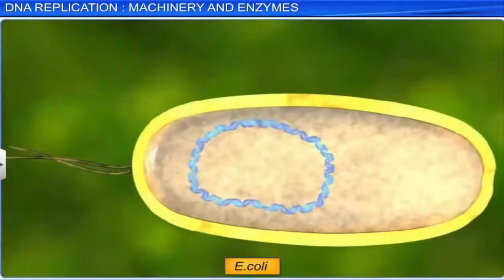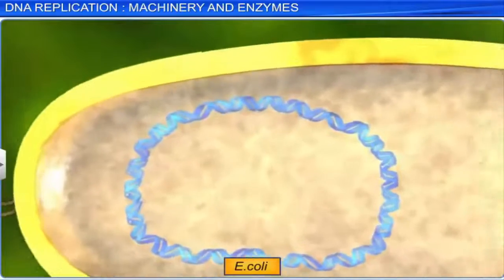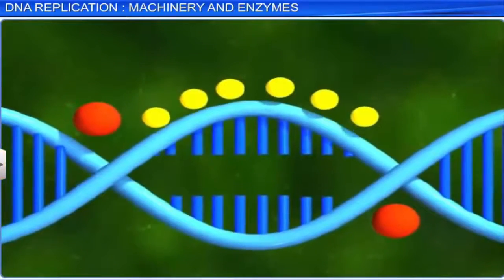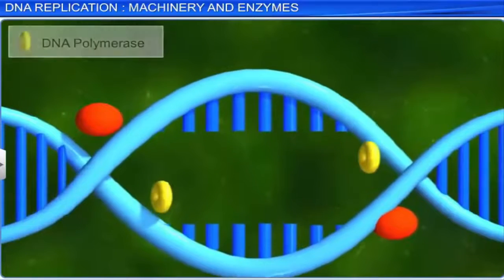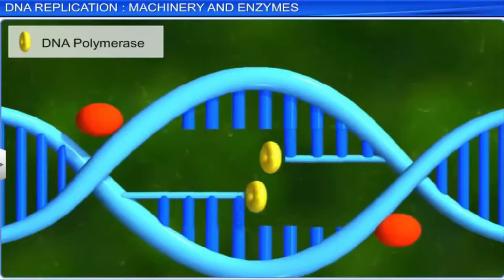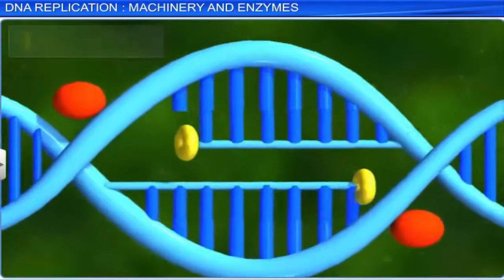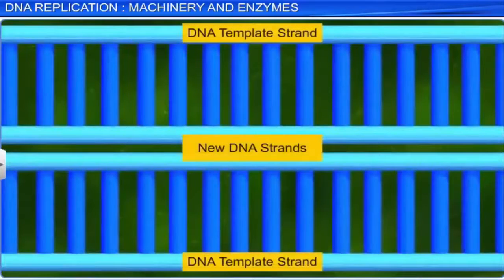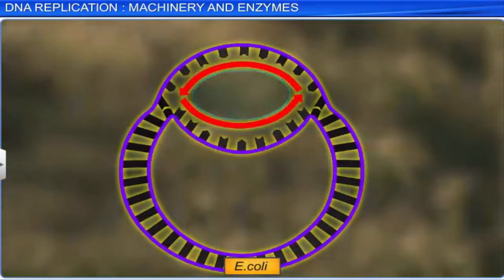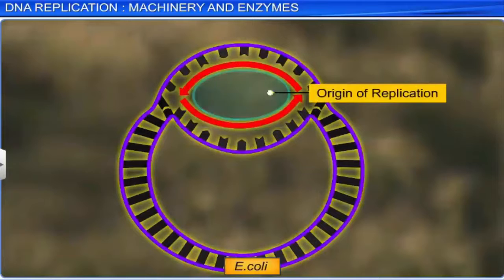In a cell, DNA replication begins at a specific point. For example, bacteria E. coli has a definite region where the DNA replication originates. Such a region is known as the origin of replication.